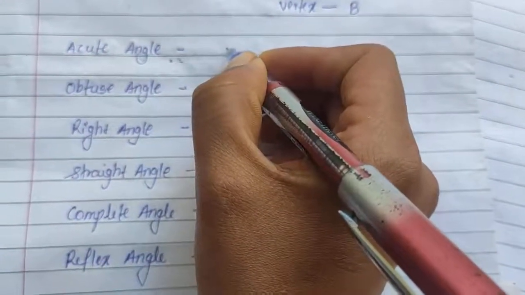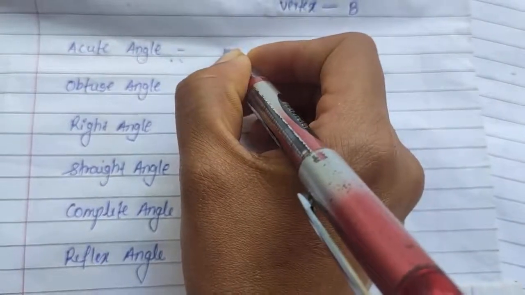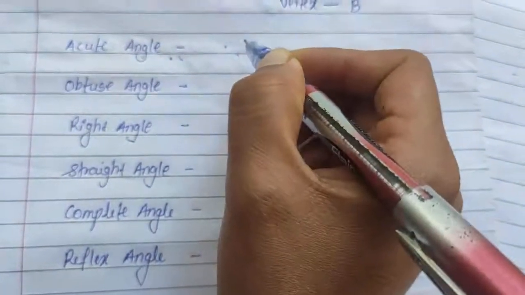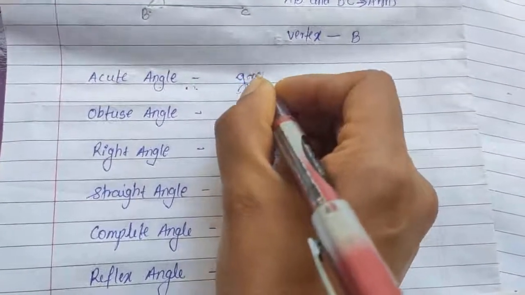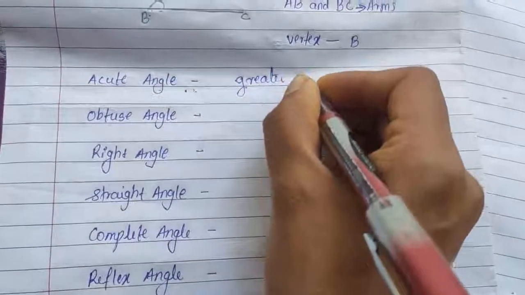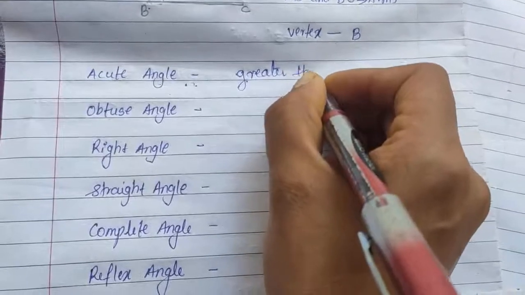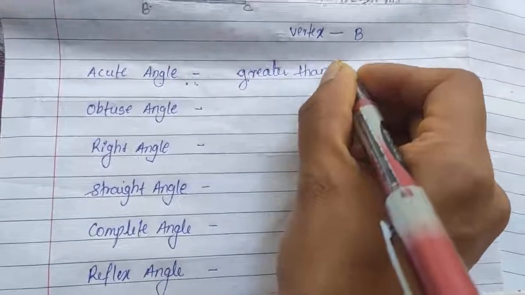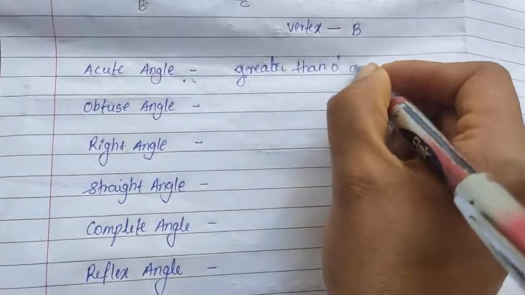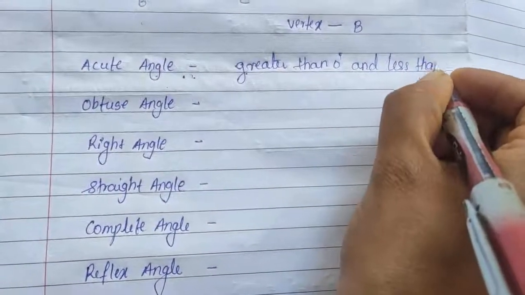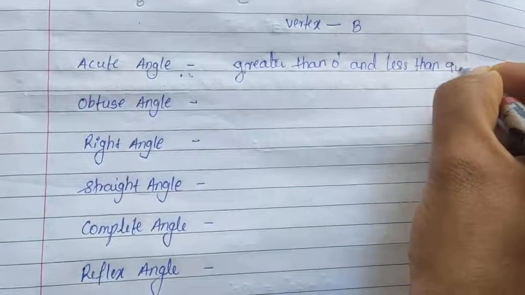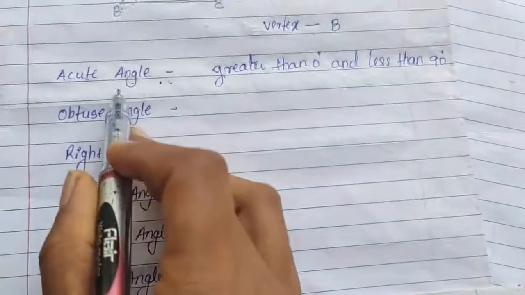Means the angle which is greater than 0 degree and less than 90 degree is called an acute angle.